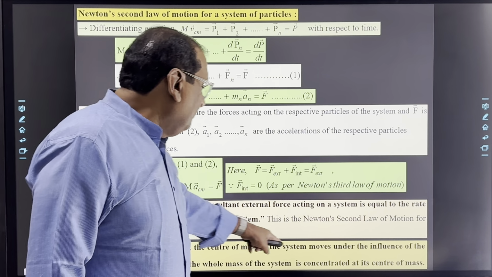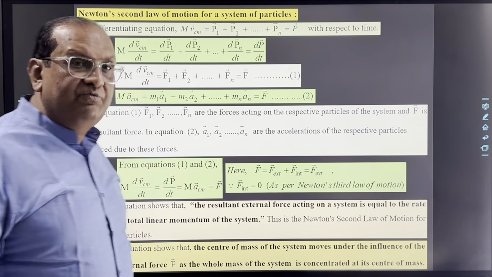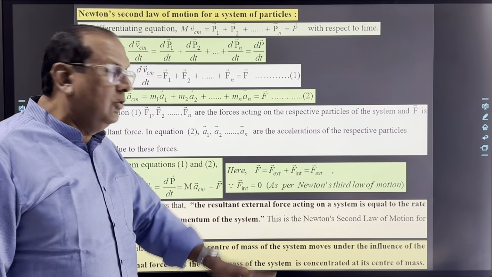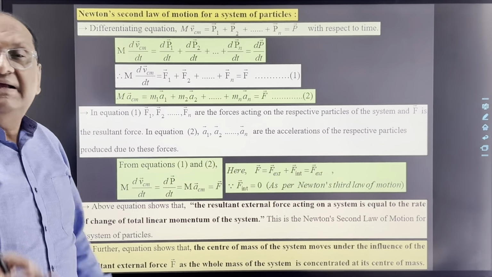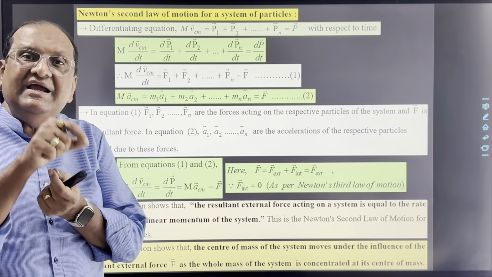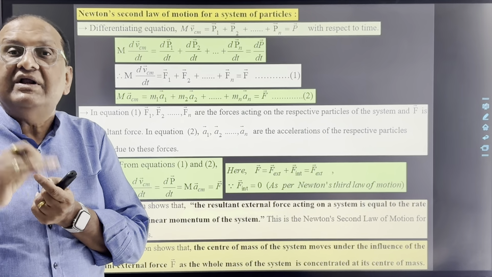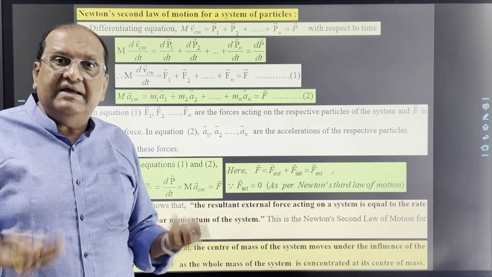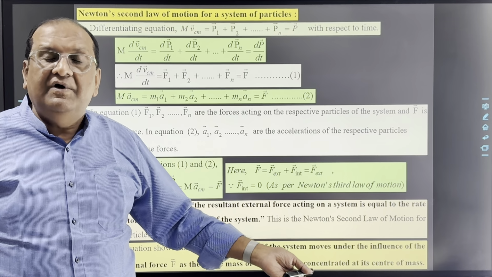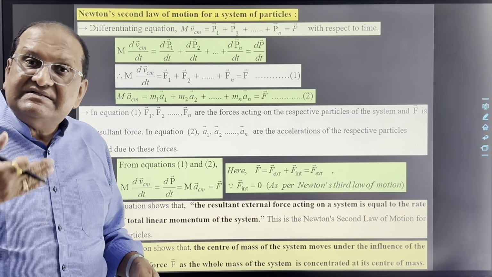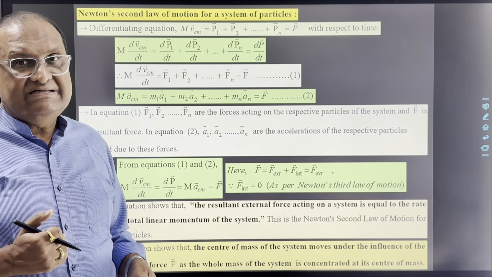So here the center of mass of the system moves under the influence of the resultant external force F, as the whole mass of the system is concentrated at that point, center of mass. It behaves like that, or in other words we can say center of mass behaves like the system itself, or we can say center of mass is the representative of the entire system.